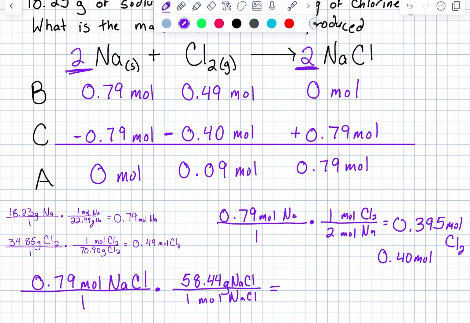And so that means that I will have produced 46.17 grams of salt.